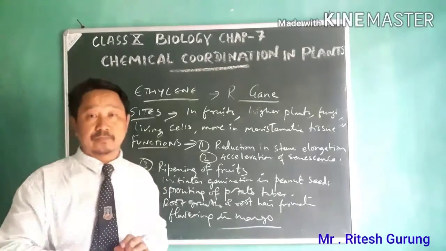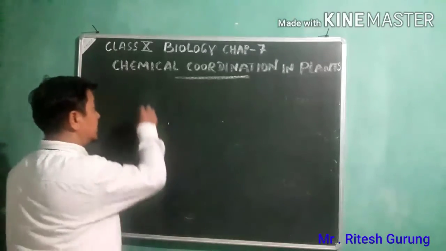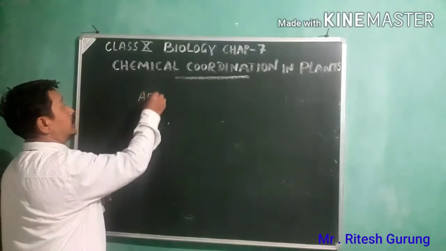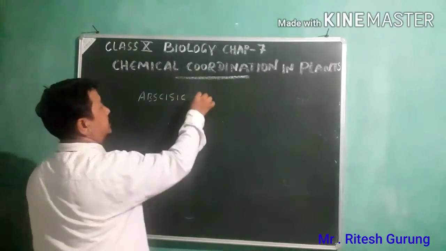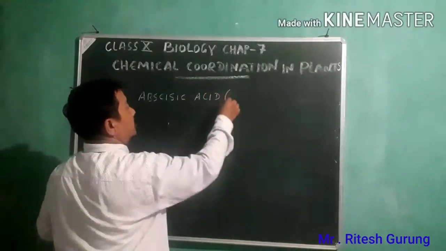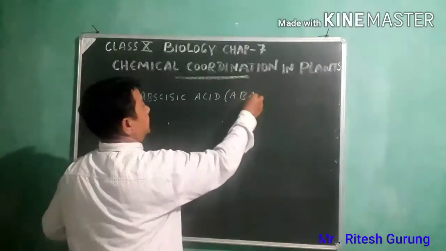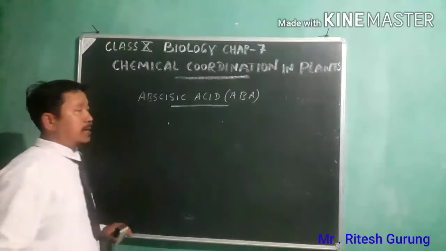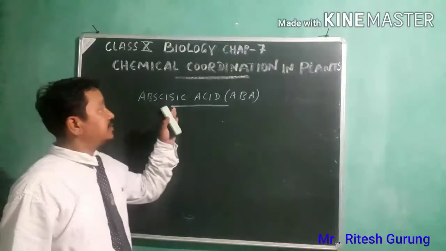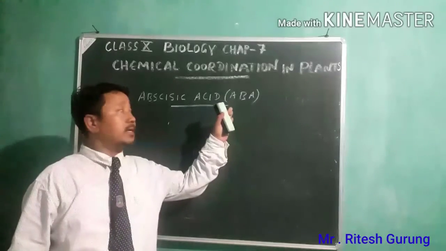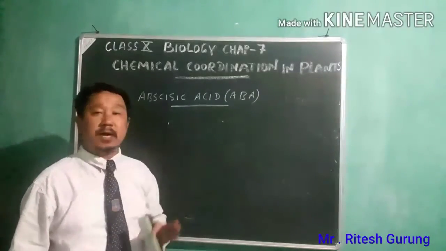All right, the next hormone we have is abscisic acid, or ABA. The last plant hormone that we're going to talk about is abscisic acid, or ABA.